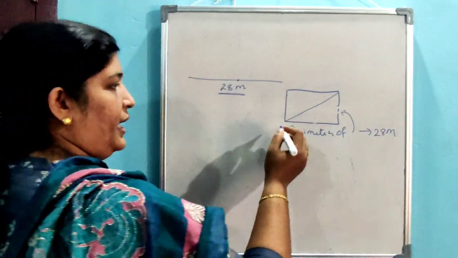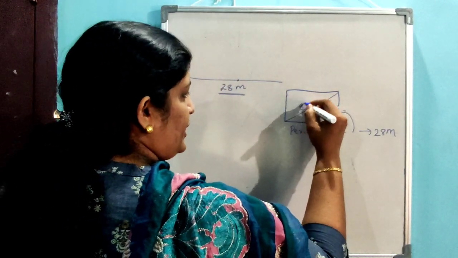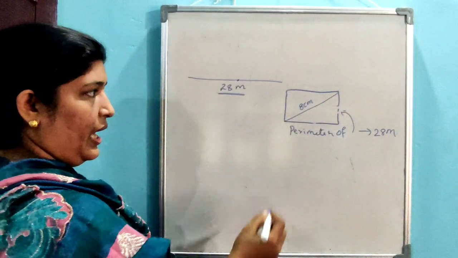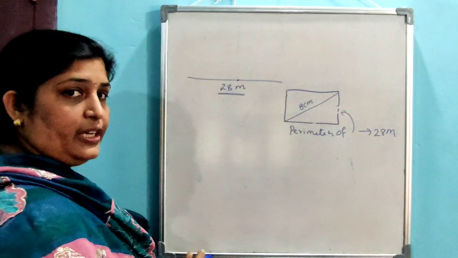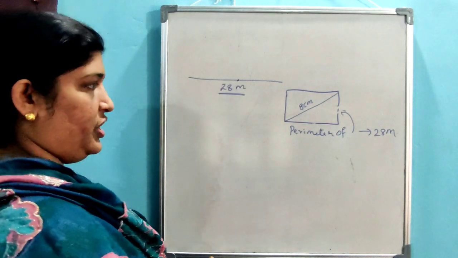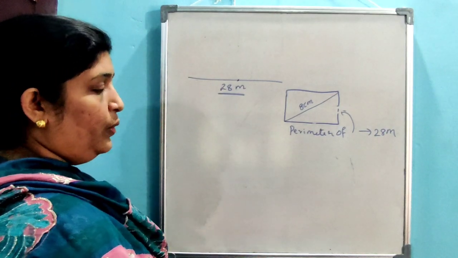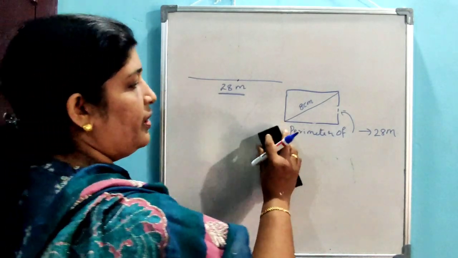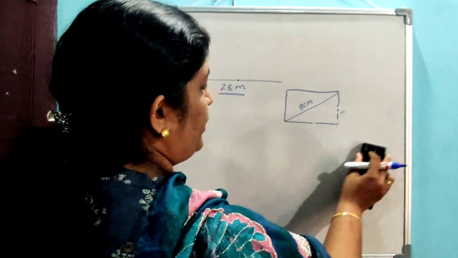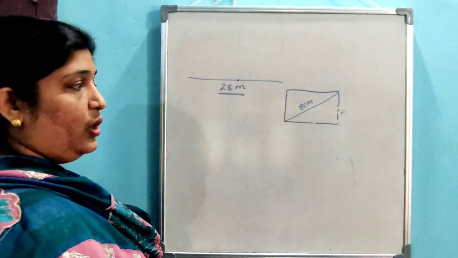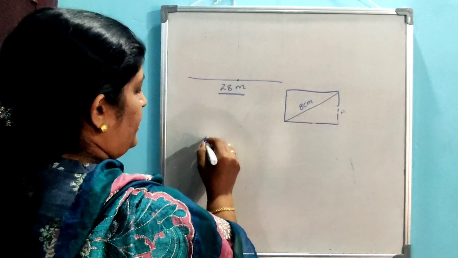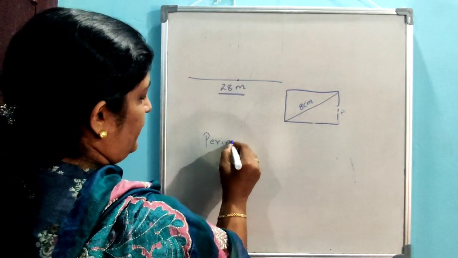So can we make a rectangle with its diagonal 8 cm and a perimeter 28 meter? Let us check. Here we don't know which are the sides of the rectangle.